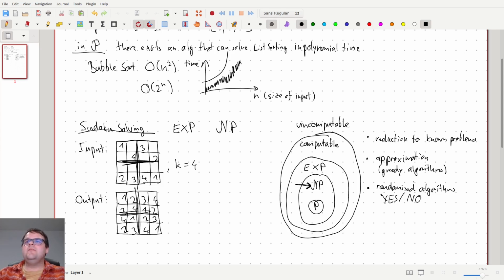And the idea with those is, usually we only have the error on one side, so it can only go wrong when it's a yes, for example. And by just repeating the algorithm enough times, we can be confident with as much probability as we want that it gives us the right answer. So there's a chance it might be wrong, but if we repeat it often enough, it will still give us the right answer.